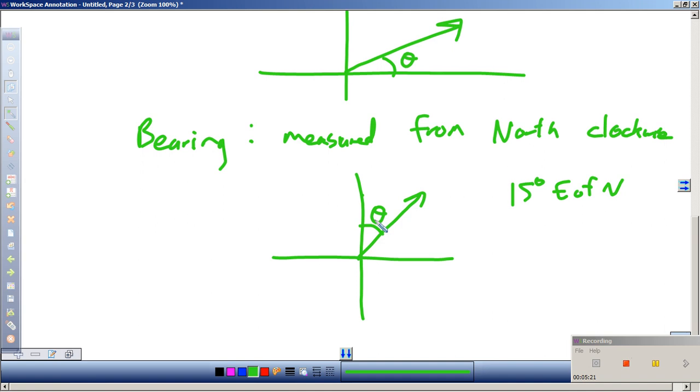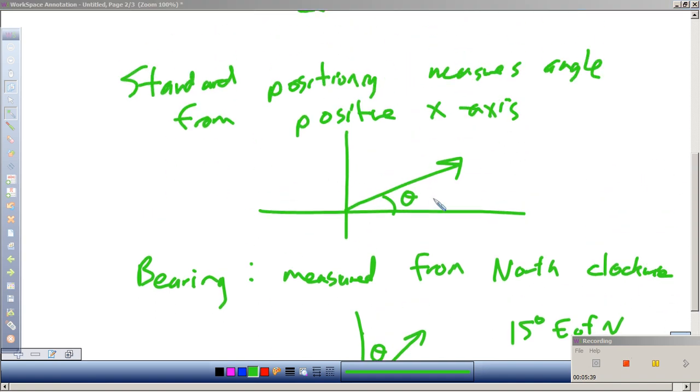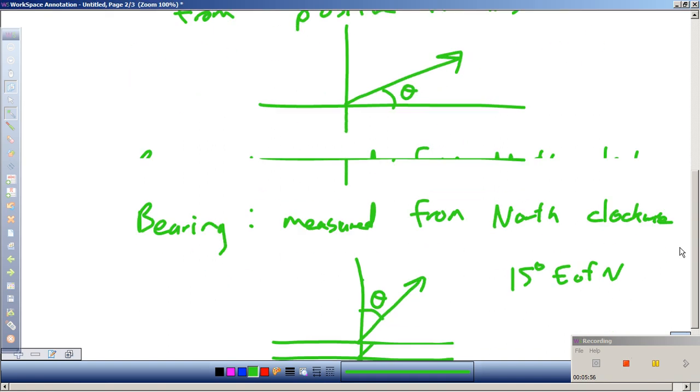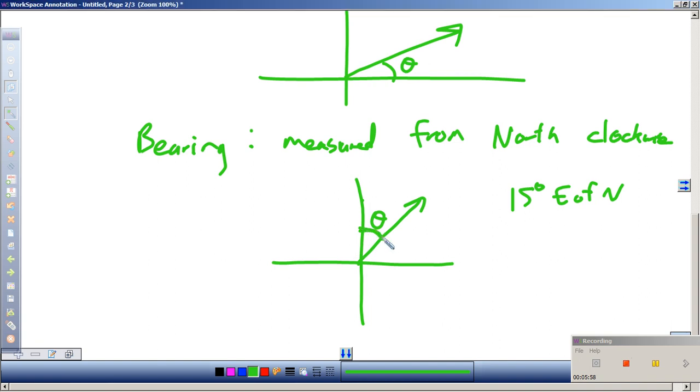What was your statement for the standard position one? Well, if we just said 15 degrees, we would assume we're using standard position, unless it said a bearing of 15 degrees. If it said a bearing of 15 degrees, we're measuring from north, this direction.